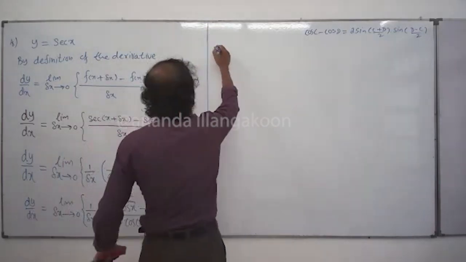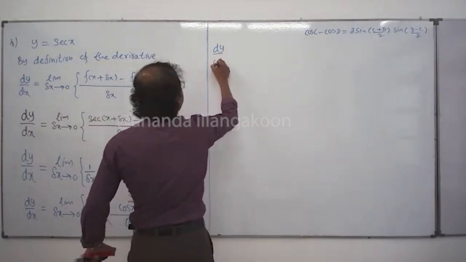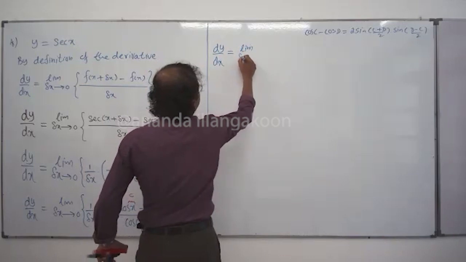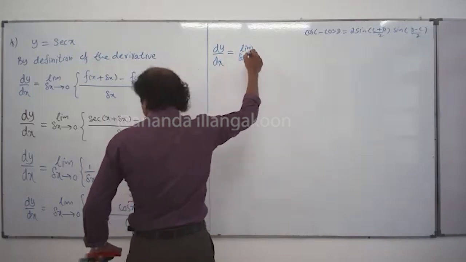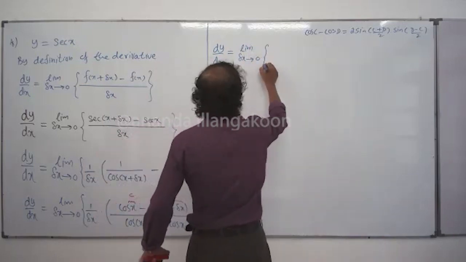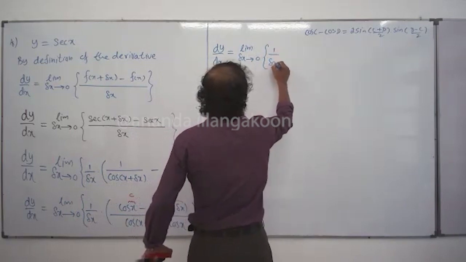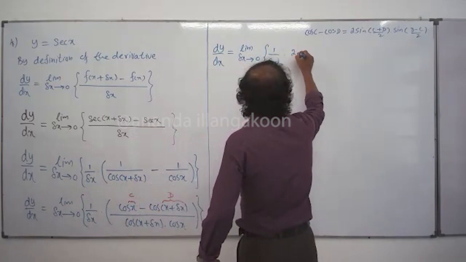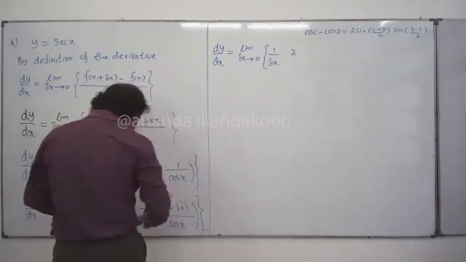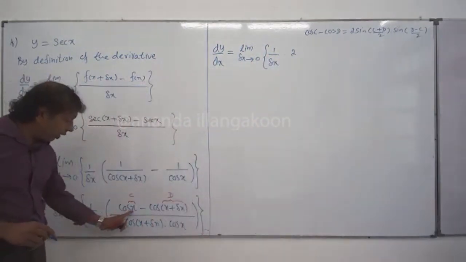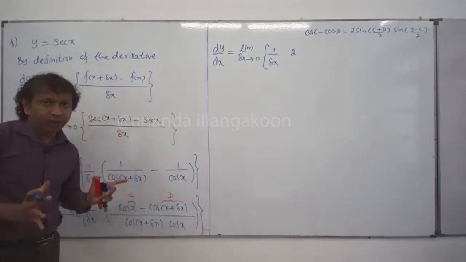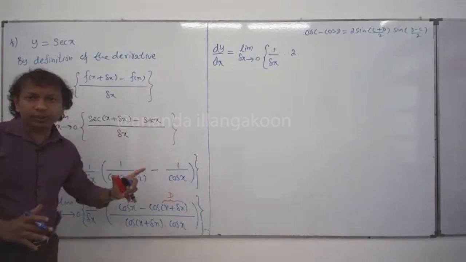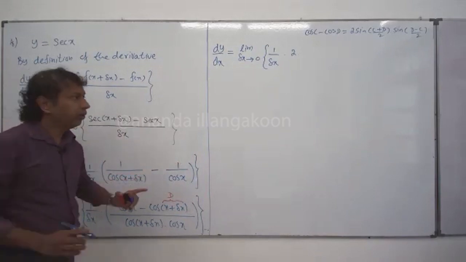dy by dx equals limit delta x going to 0, 1 upon delta x, 2 sine. First, people, this angle x and this x plus delta x we have to add. X plus x plus delta x means 2x plus delta x, right?